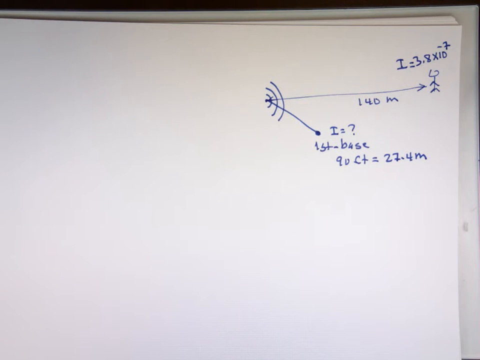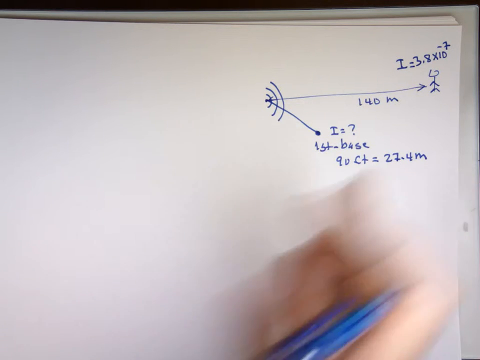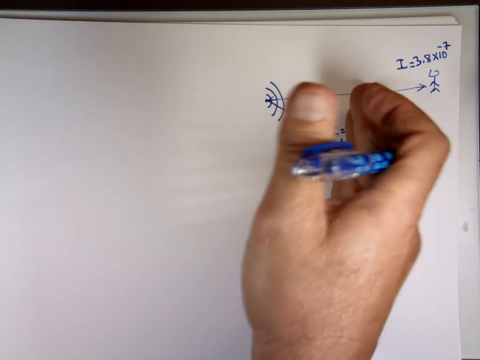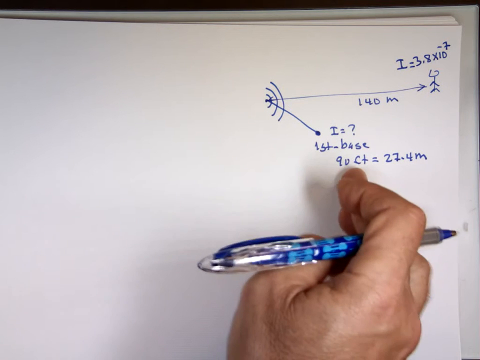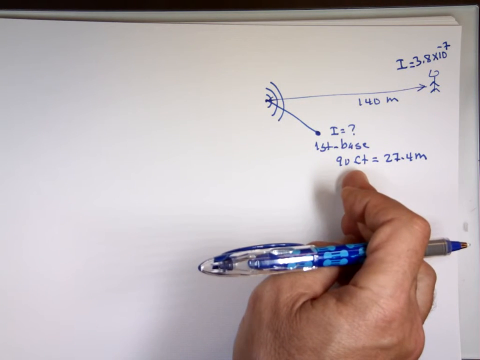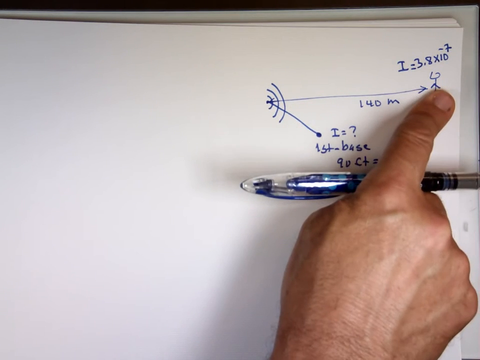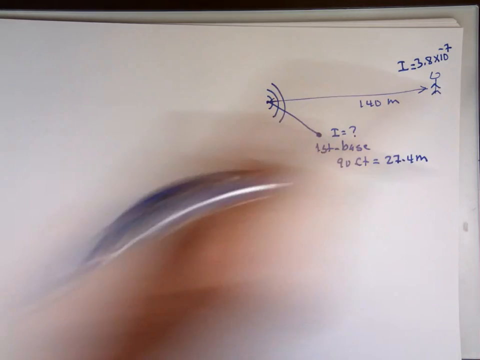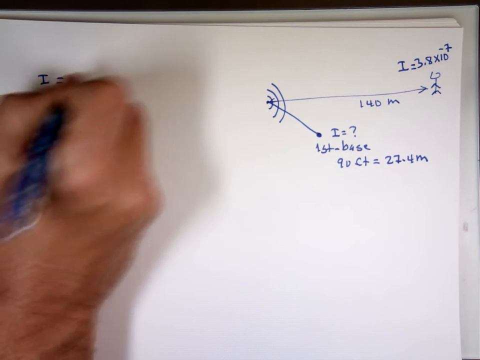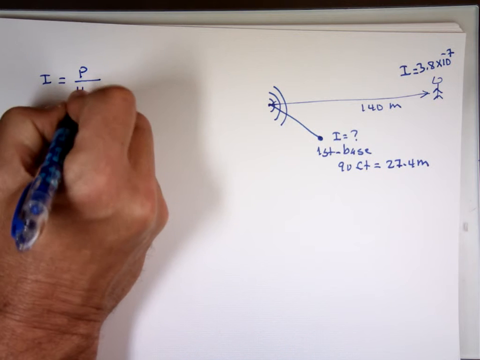Same story, just like the birds or the speakers, I can calculate the power. Knowing the power, use that power to calculate the intensity for the first baseman. For the person sitting in the bleachers, that's you, the intensity is the power divided by 4 pi r squared.